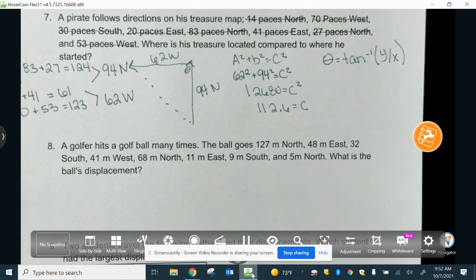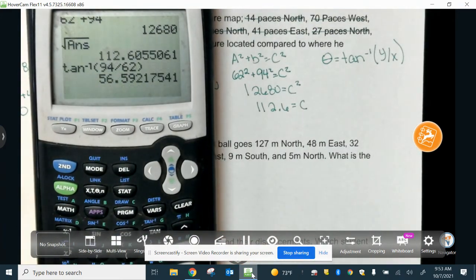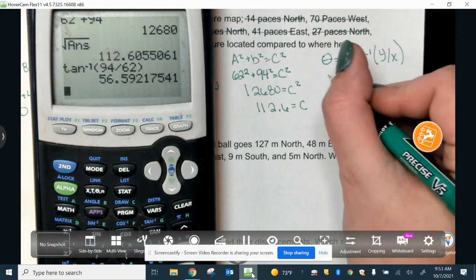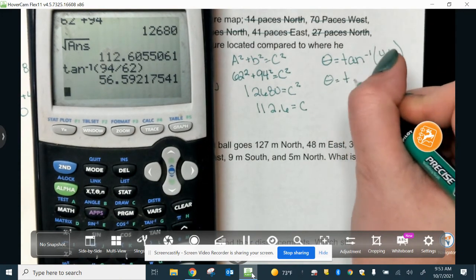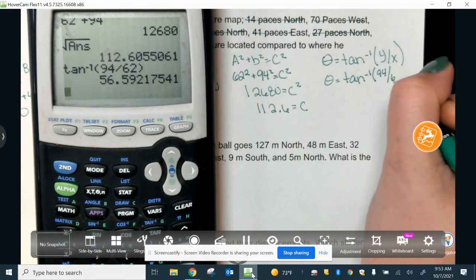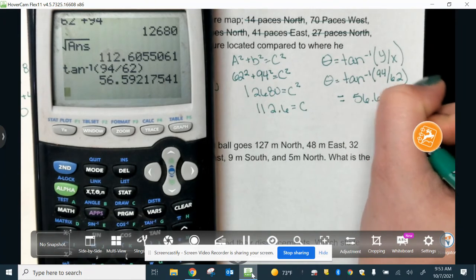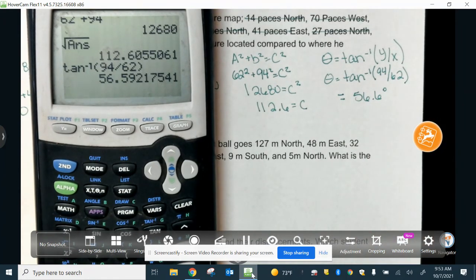So y is 94 over 62. Should look like that. 56.6 degrees. So what y'all got?